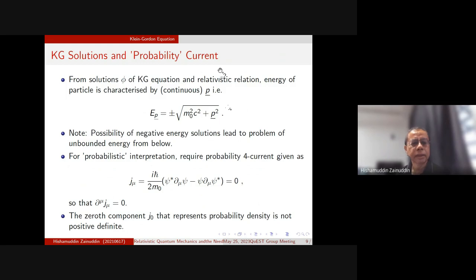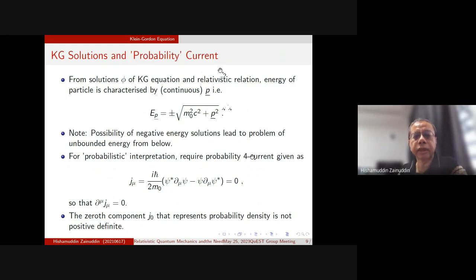The other thing, which the earlier physicists thought about, is the probabilistic interpretation. You require a probability current, and in a relativistic version this takes the form of a four current.